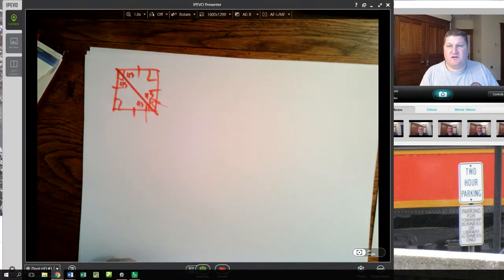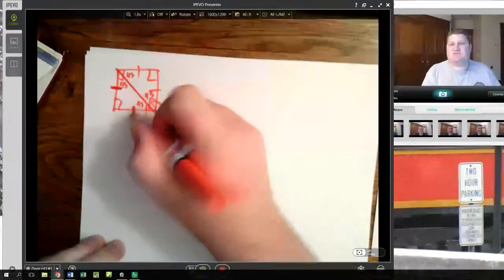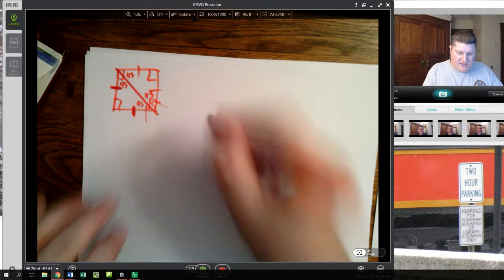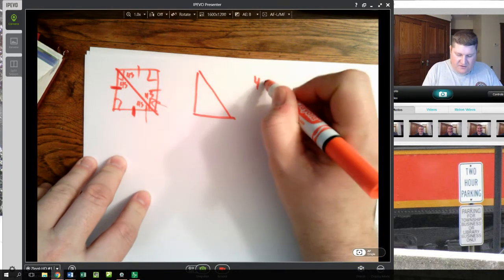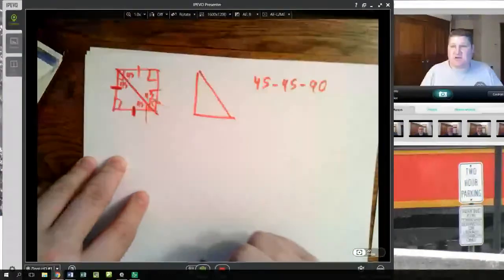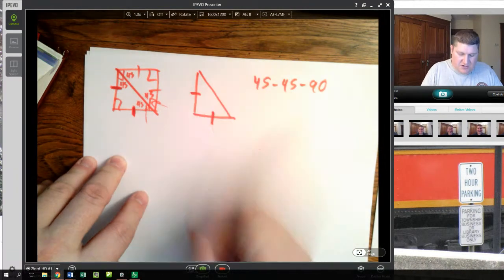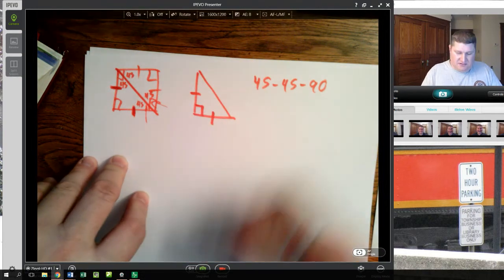It's one of our theorems. You also notice that because it was a square, these two sides were already congruent. So one of the reasons my 45, 45, 90 triangle is so special is because we already know those two sides are congruent.